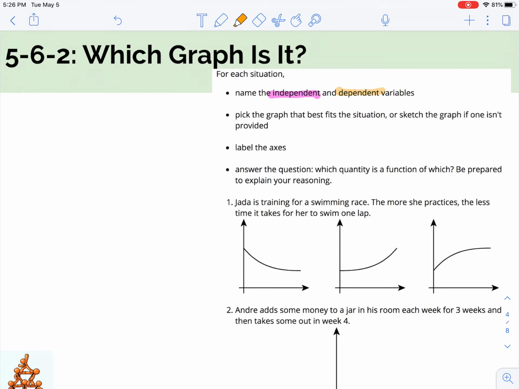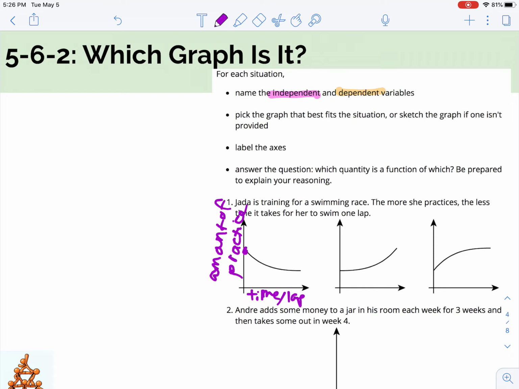Okay, so question 1 says, Jada is training for a swimming race. The more she practices, the less time it takes for her to swim one lap. So if I said that this is amount of practice here, and then if I said this was time per lap, at first she had to practice a lot and her time was slow, right?